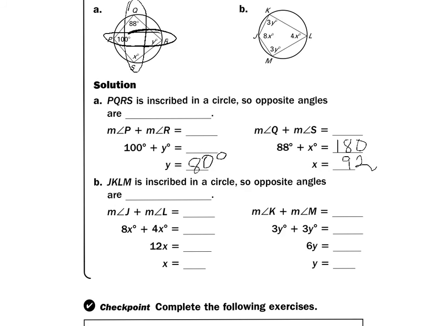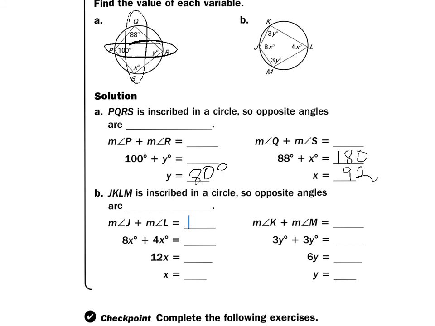But we know that J and L together equal 180. So 8x plus 4x equals 180. 12x equals 180. What's 180 divided by 12? 15. So x equals 15.